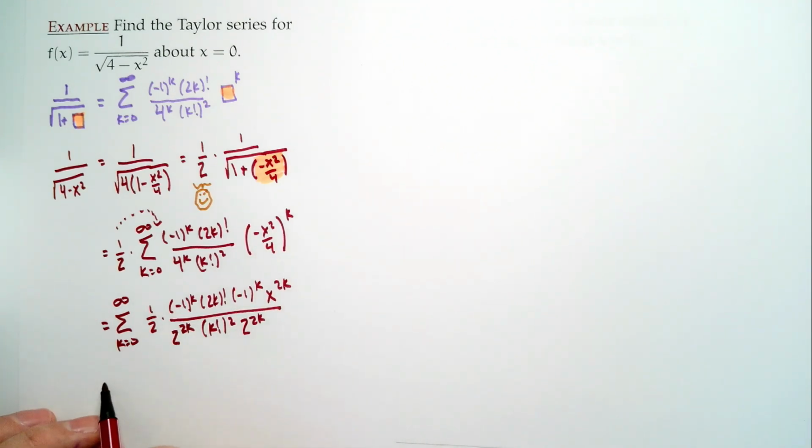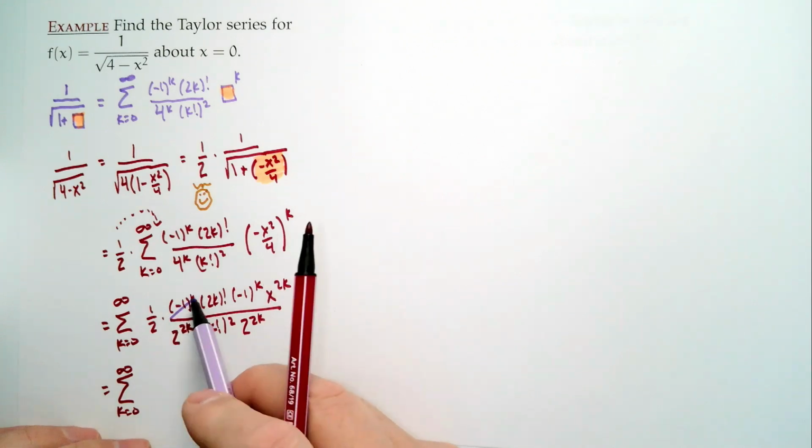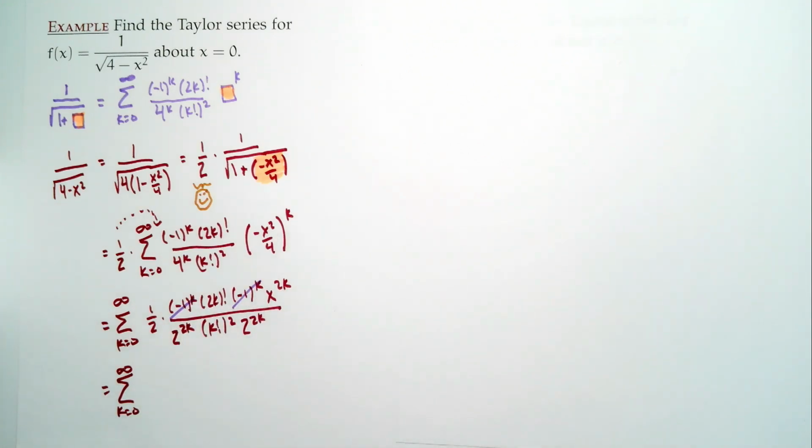Well, if we put it all together, we see nice things start to happen. The minus 1s to the k's will undo each other. So we can think of them as canceling. I mean, they don't necessarily cancel in the traditional sense, but if you combine them, it becomes 1 to the k, and life is good. So we get a 2k factorial upstairs.